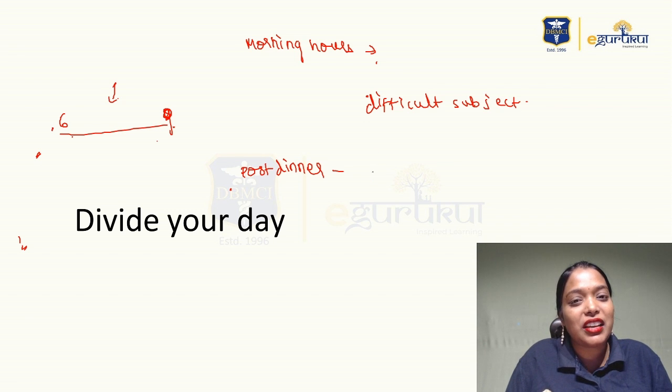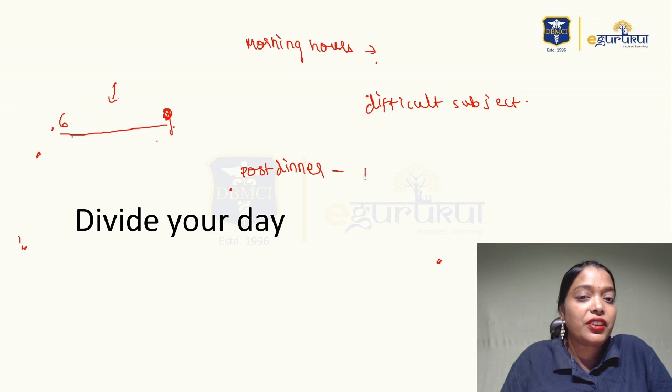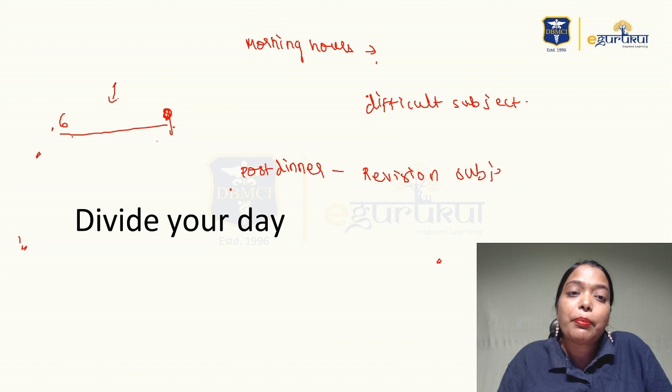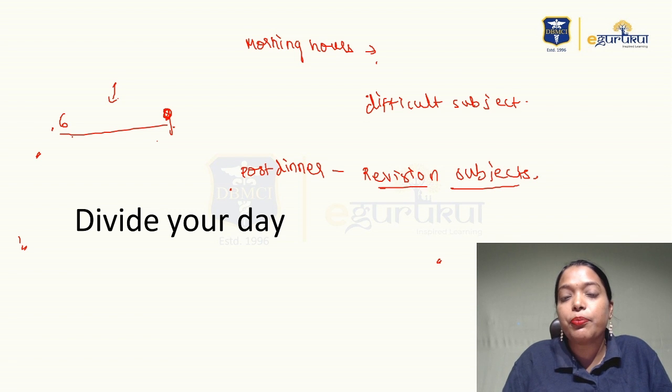And if you look back, you see that there are very few things which you have studied in this post dinner session. So what you do is, post dinner, keep revision topics, revision subjects. The subjects which are already strong, try to put those subjects in the post dinner session.